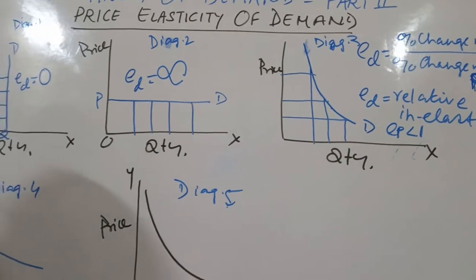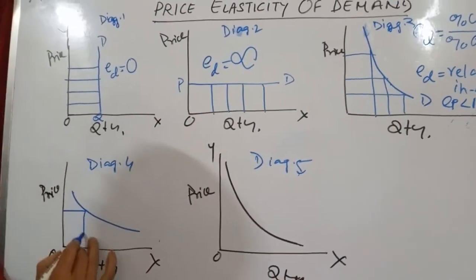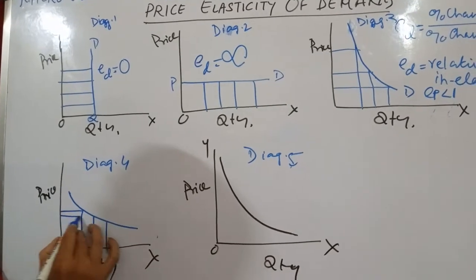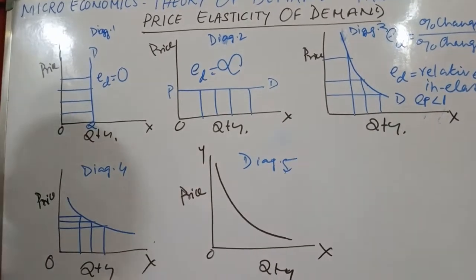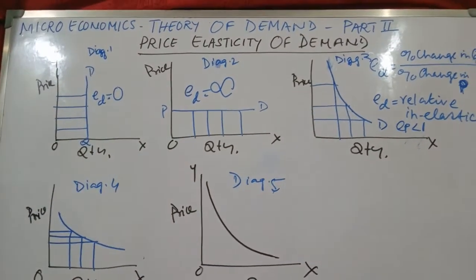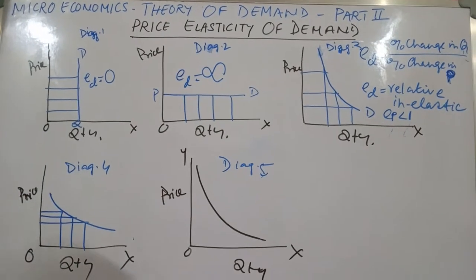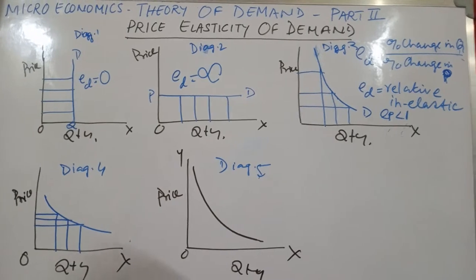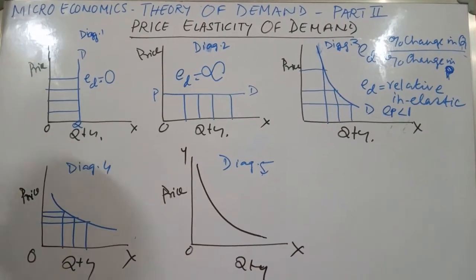Come to diagram 4. You see, the change in quantity demanded is relatively larger than change in prices.